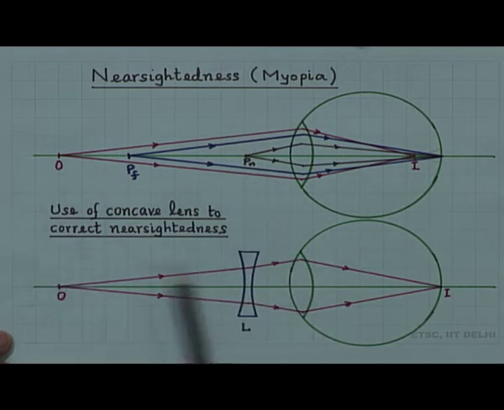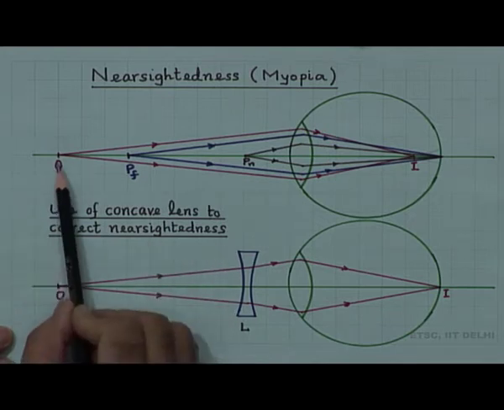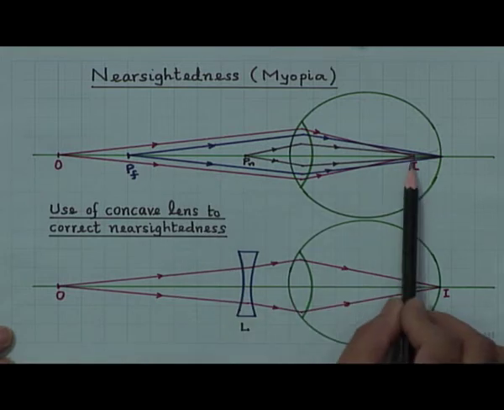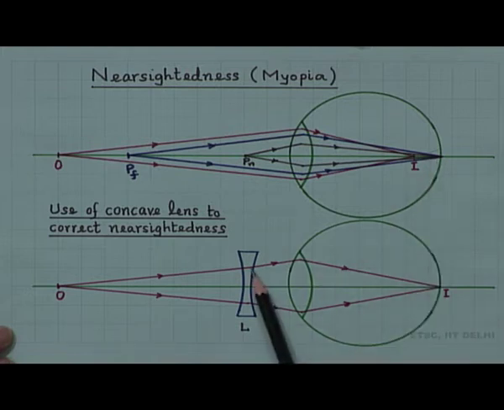Now, a simple way to correct this is the use of a concave lens to correct nearsightedness. So, this object at point O, which is not focused on the retina but inside, can be made to focus on the retina by giving some additional divergence using a concave lens.